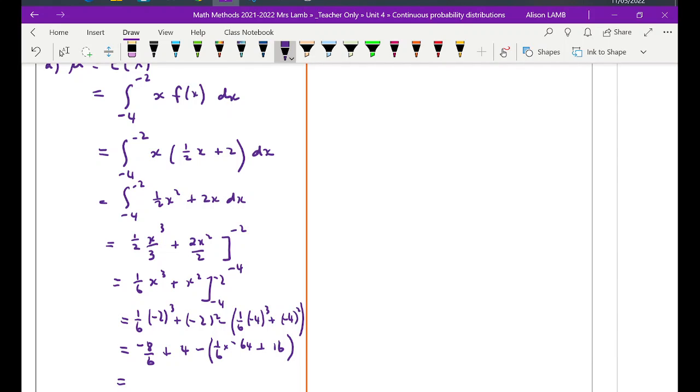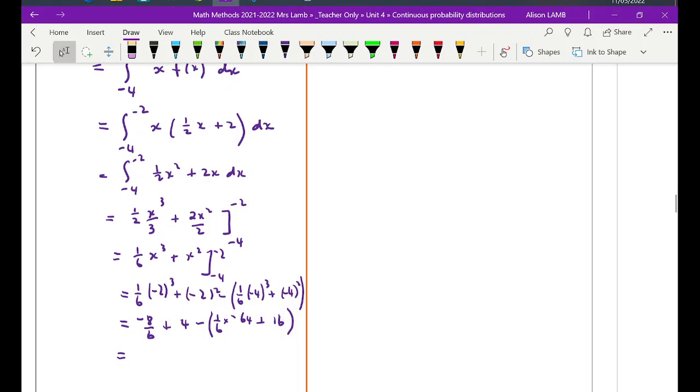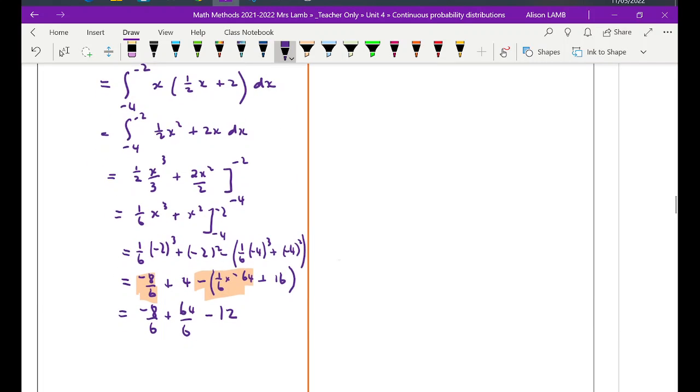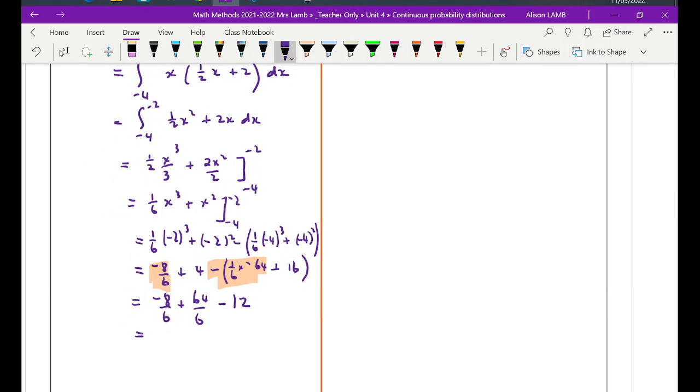So we've got -8/6, and I'm just collecting my like terms, adding 64/6. And our other term, which is 4, and we're taking away 16, is -12. So that's going to leave us with -8 plus 64.